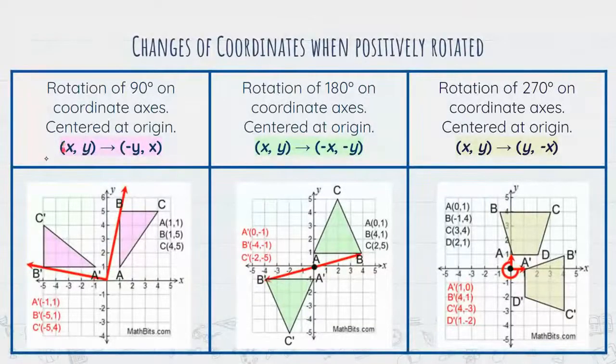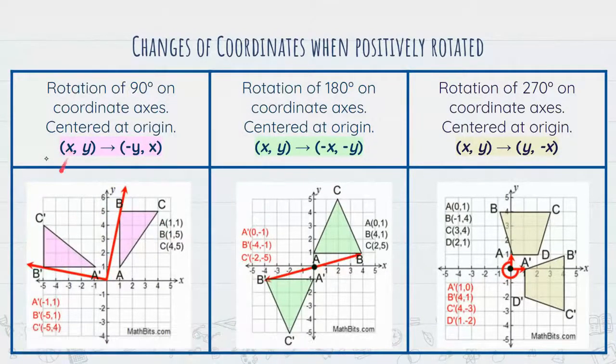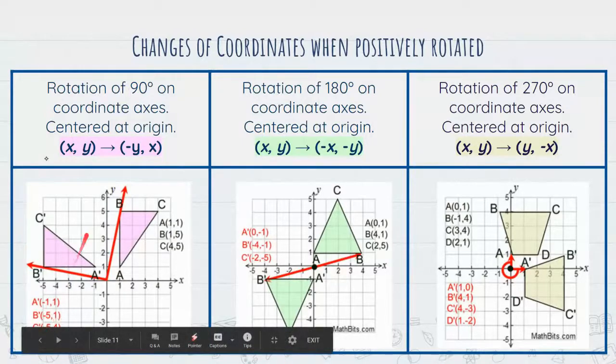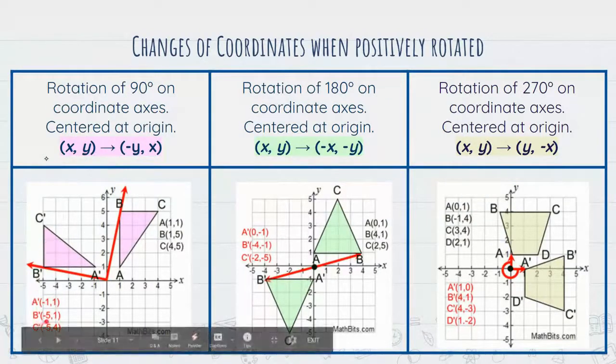So when we look at x and y, let's go ahead and look at coordinate B. The original is 1, 5. Well, when we rotate it, that x, that 1, now becomes our y coordinate. So it's going to shift over to the right. That's what this rule means. The y coordinate now becomes our negative x coordinate.